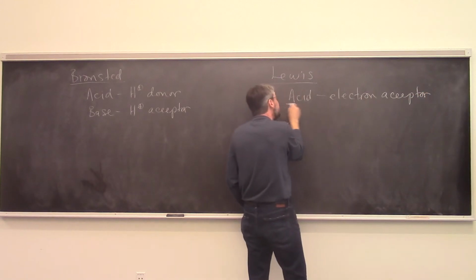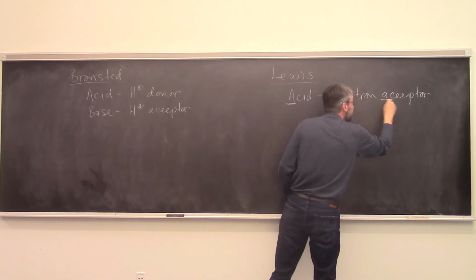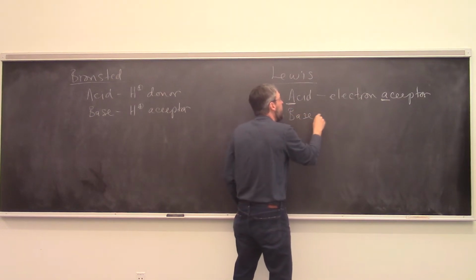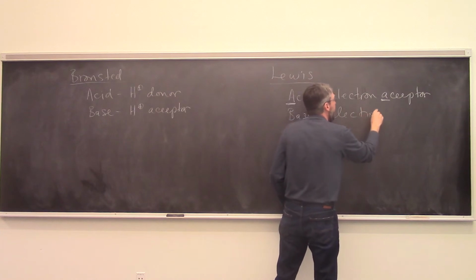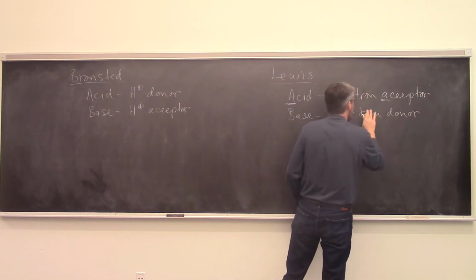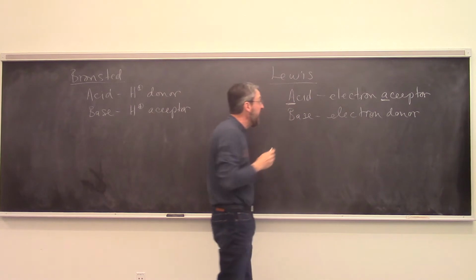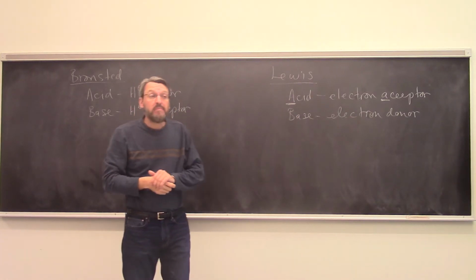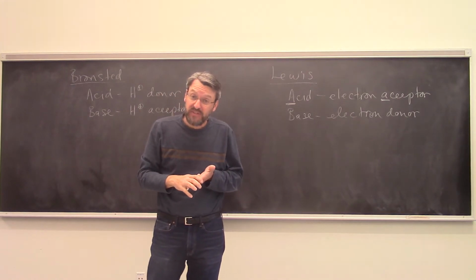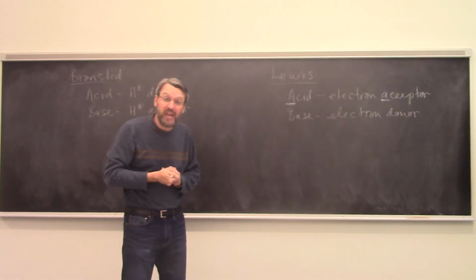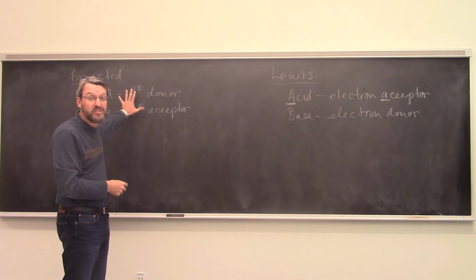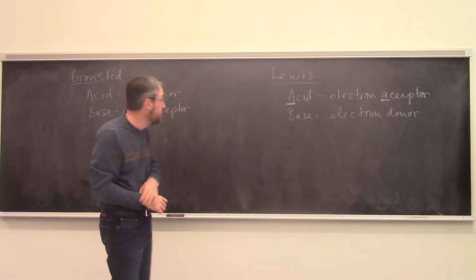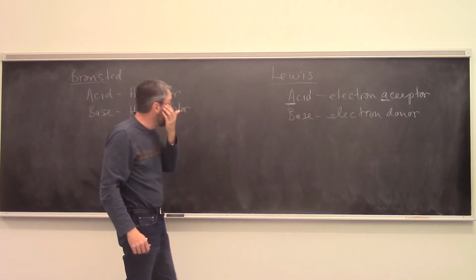Okay, so the acid with an A is the acceptor of electrons with an A. And a Lewis base is an electron donor. And this one turns out to be much, much more useful because most organic reactions, in fact, I would say probably 70 or 80%, do not involve transfers of H pluses, but rather are forming bonds and do all sorts of other things with other kinds of atoms. So again, this one turns out not to be quite so useful.